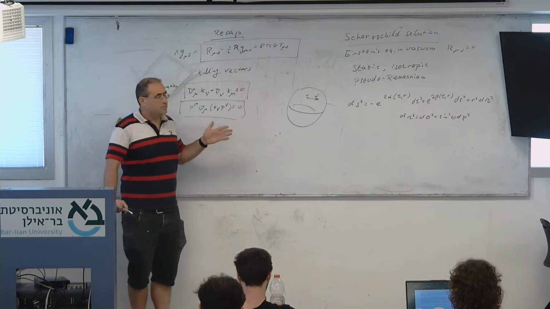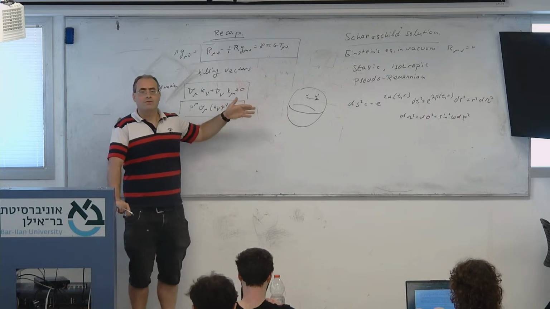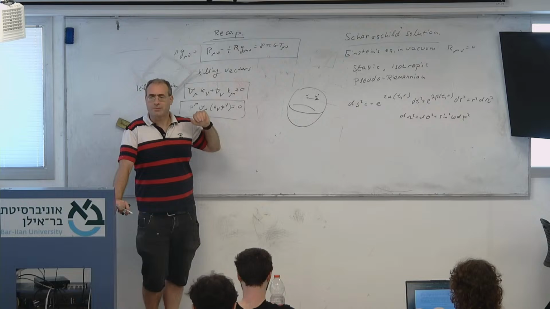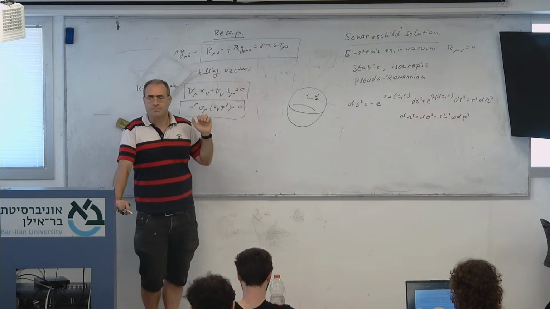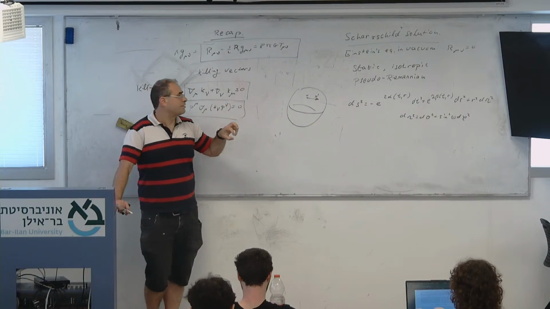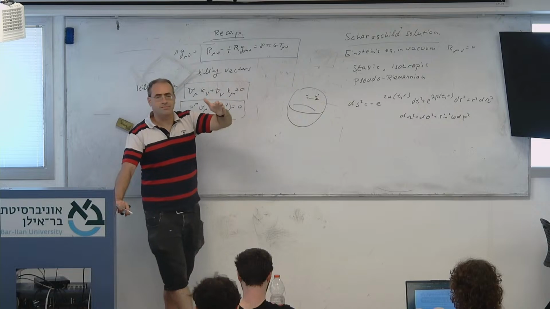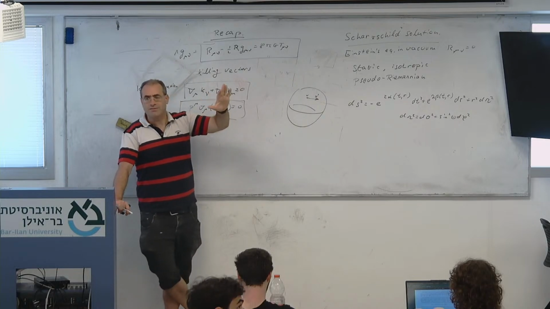For example, I can say it right away. This solution will not be valid in the interior of the sun, for example, or the interior of any star. Because the interior of any star is not a vacuum. But outside of a star, it is a valid solution.